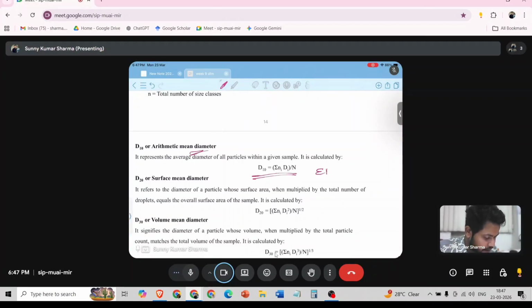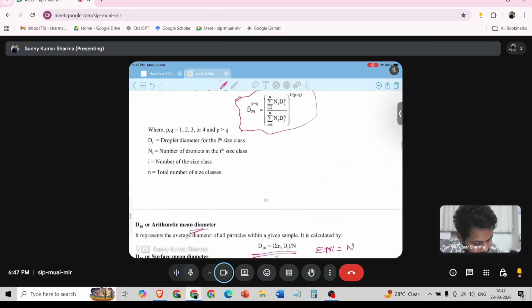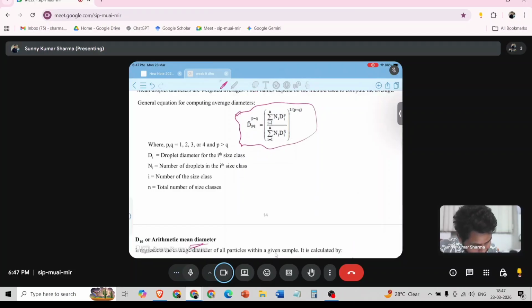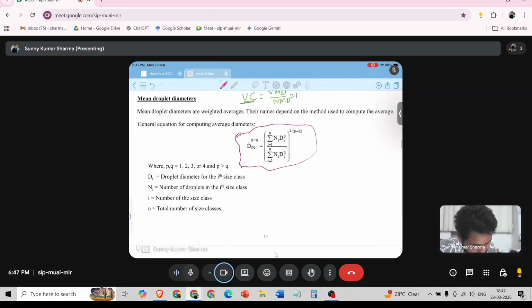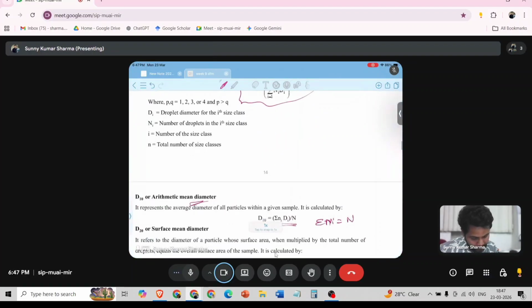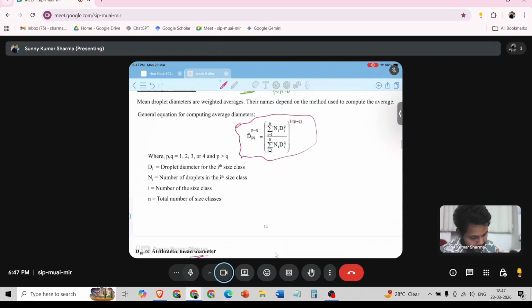Let us first understand this general formula. When it is D10, it is the arithmetic mean, where P is 1 and Q is 0.